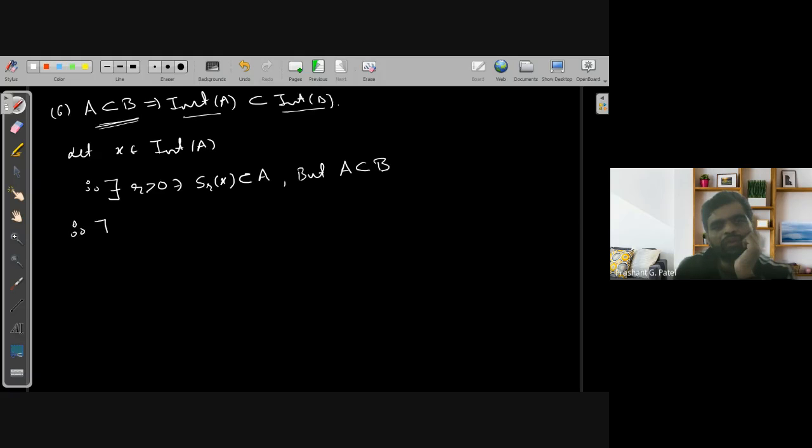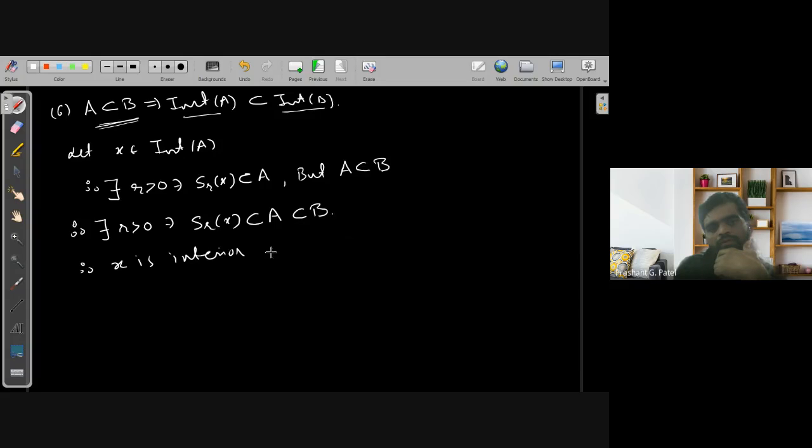So there exists r greater than 0 such that S_r(x) is a subset of A, which is a subset of B. So this S_r(x) will be a subset of B also. Hence x is an interior point of B. So x belongs to interior of B, which completes the proof of the sixth statement also.